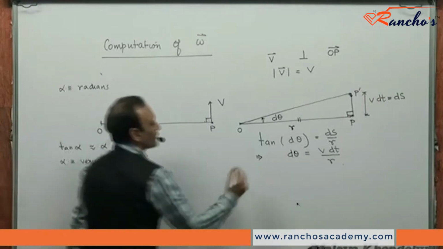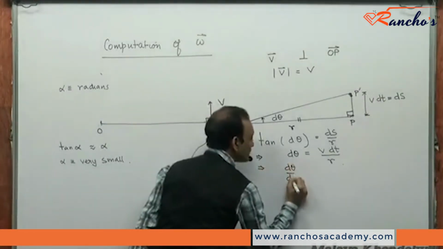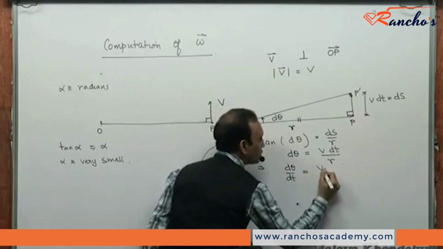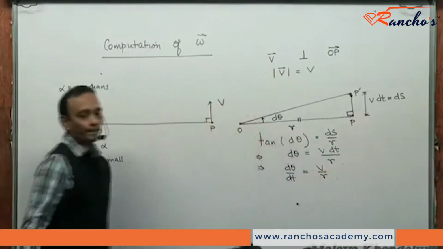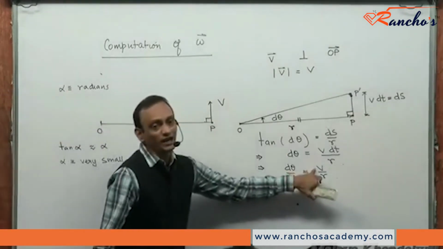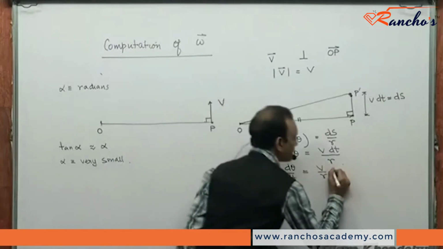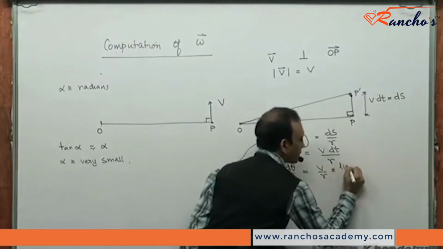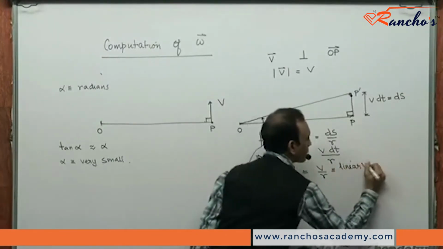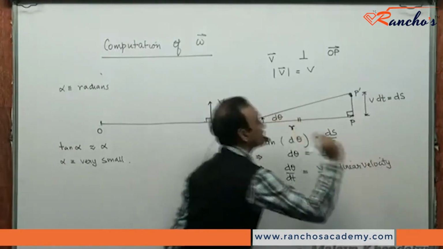But d theta by dt is the angular velocity of the particle. Yes or no? So d theta by dt is v by r, the angular velocity of the particle, where v is the linear velocity perpendicular to OP. No, there is no mention of circle. Just look at it very generally.